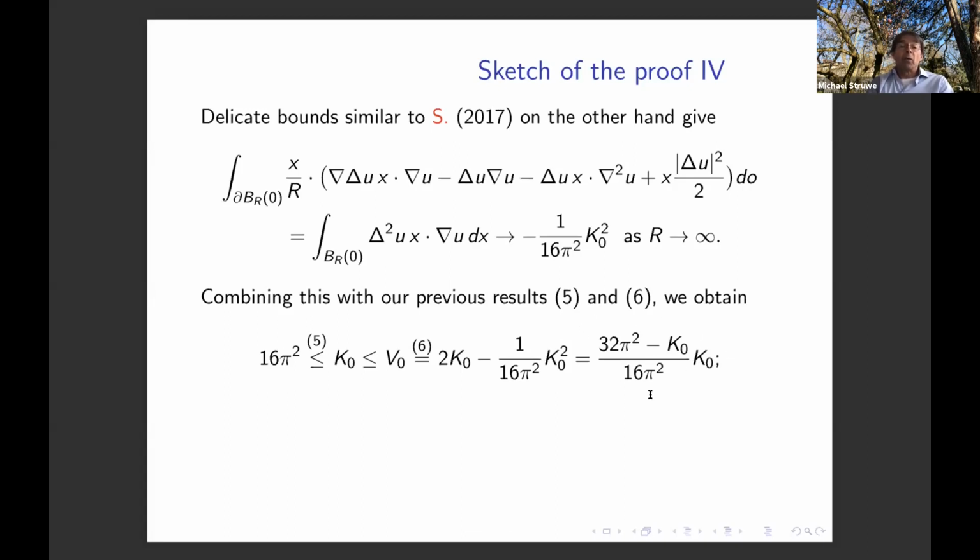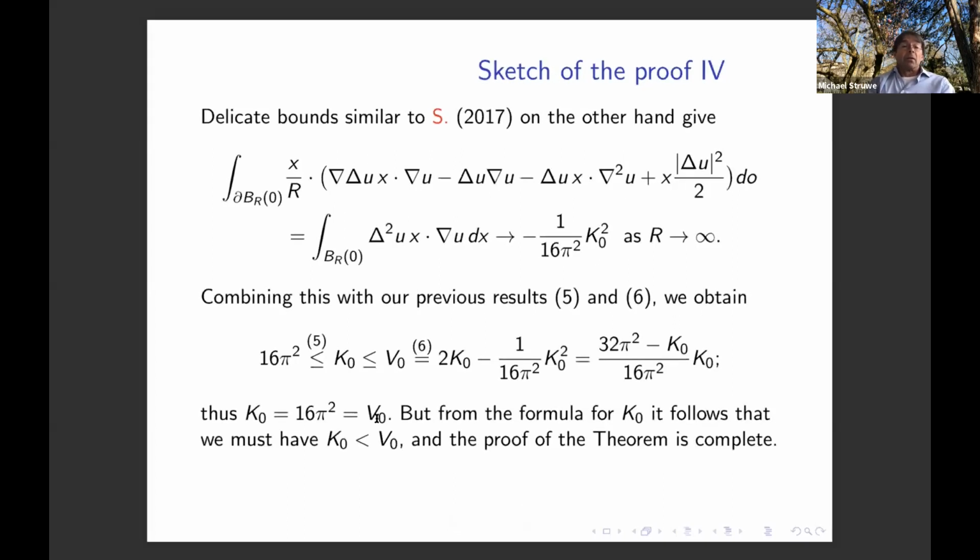Otherwise, this factor would be strictly less than 1, and therefore this term on the right could not be bigger than k0. So we conclude that k0 is 16 pi squared, but then also this inequality has to be an identity, and therefore k0 is equal to v0, which is then the desired contradiction, because if the A term is present, k0 has to be strictly less than v0. So the proof of the theorem is complete.